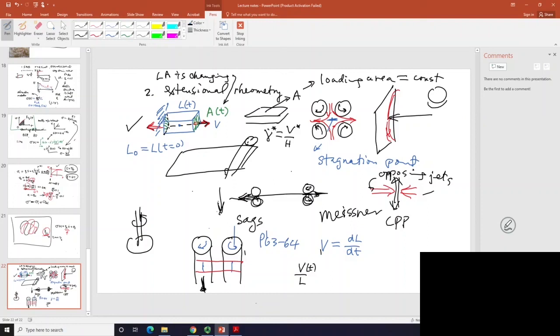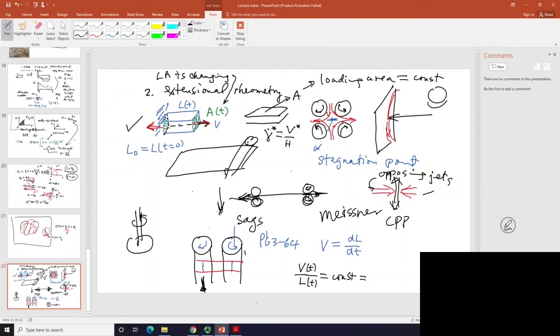Since you are stretching, your length keeps increasing. If you want to keep this constant, then obviously your velocity also needs to increase. See the point? So you can discuss in the limit where this is constant.